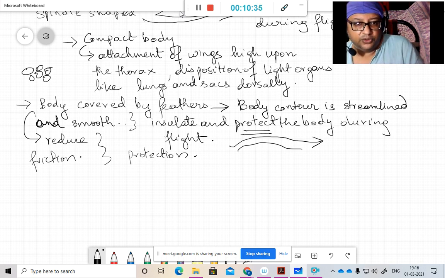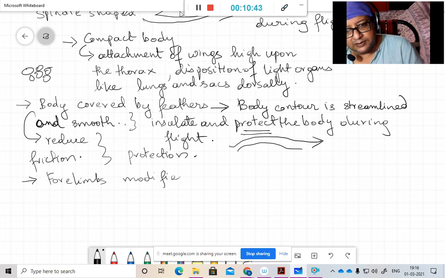And of course you know this one, their forelimbs are modified into wings. This is very clear. So there are different types of wing modifications.